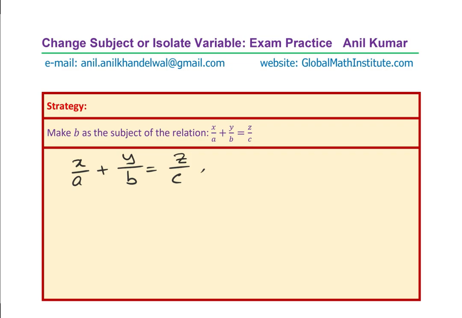You need to isolate b. So if we need to isolate b, in that case, we will take away x over a to the right hand side. So we can rewrite this as y over b equals to z over c minus x over a.